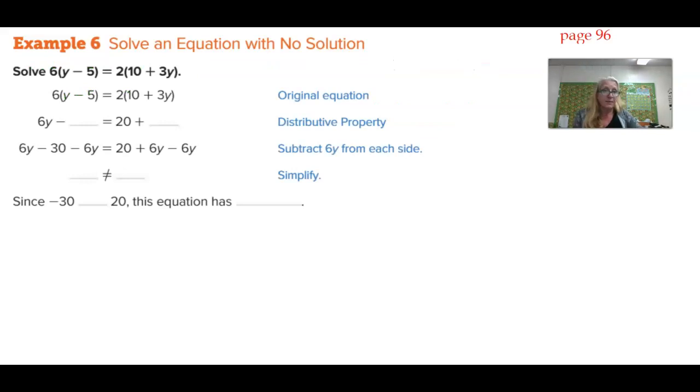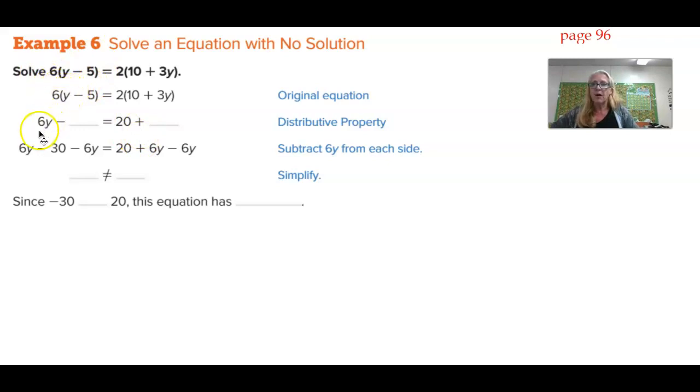So let's look at some examples. Here's example 6. It's on page 96. When you first look at this equation, you can't tell if the left and right sides are identical. You have to simplify it. So the first thing we did was use the distributive property.